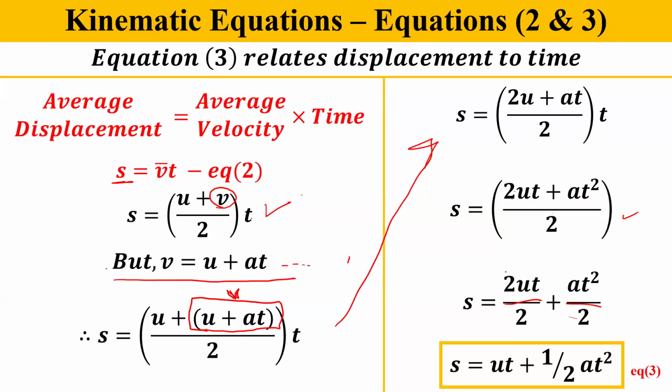The 2s cancel, and here now you get UT plus half AT squared. And this is now your third equation of motion. So this is giving you displacement is equal to the initial velocity times the time given, plus half AT squared.